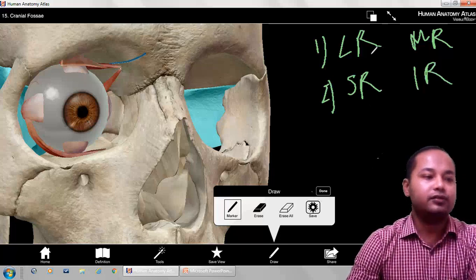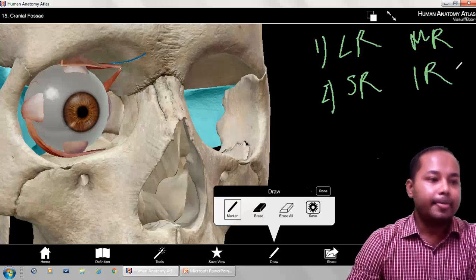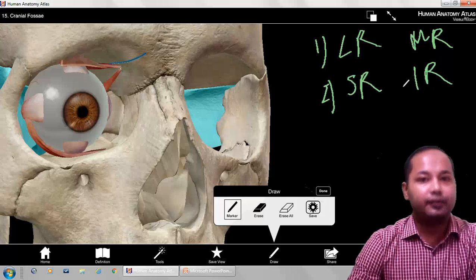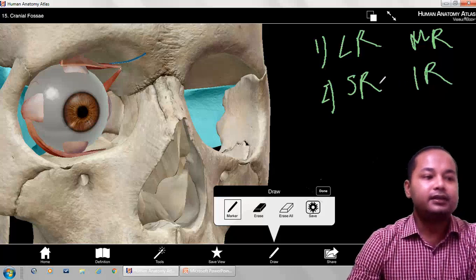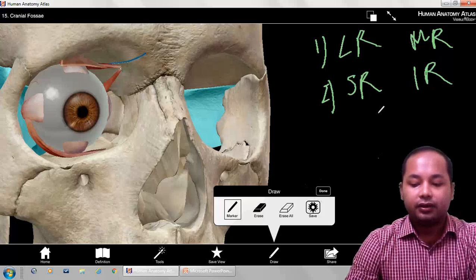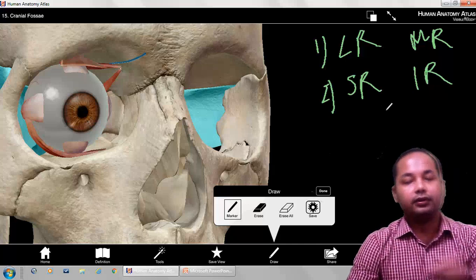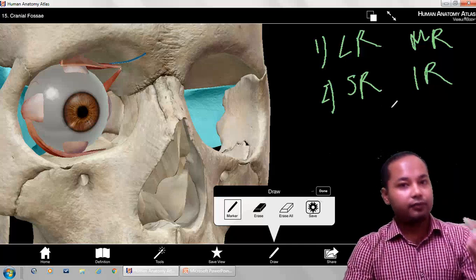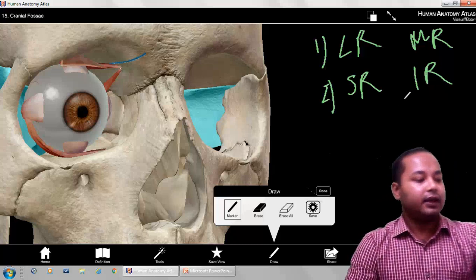These recti all come from the back side, and their common originating point is a common tendon, which makes up some part of the orbital cavity.